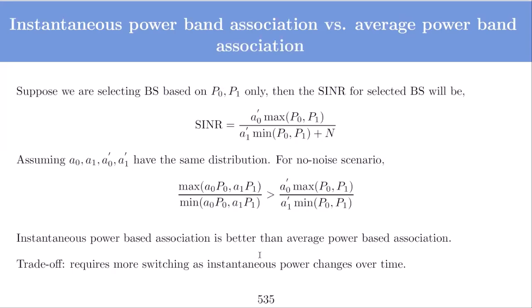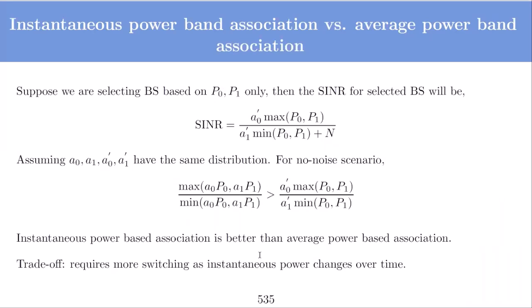So you have to create a trade-off: if the network is very fast, you have to do with the average power based association, even if it is not giving you very good coverage. Okay, but if the fading is changing slowly, then we can actually go for instantaneous power based association, and that is what happens in the shadowing case.